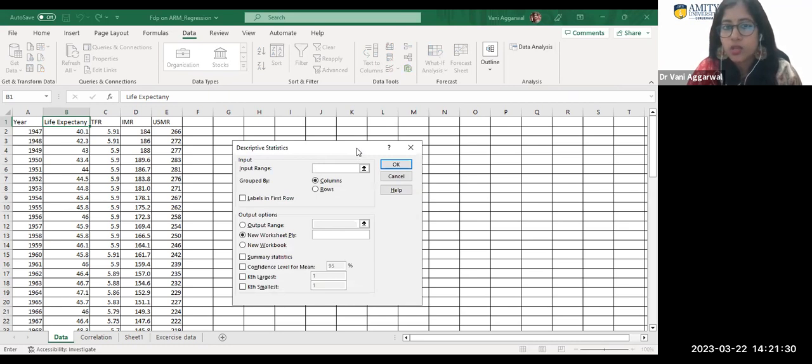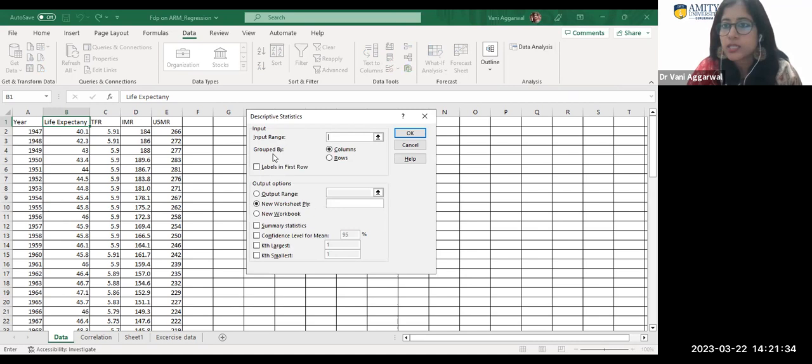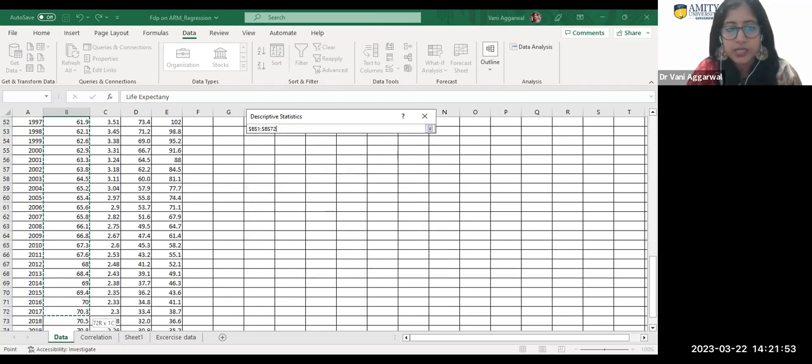Now this box will be in front of you. It is asking for input range, grouped by, labels in first row, output options. In input range, I want the descriptive statistics of the series life expectancy.